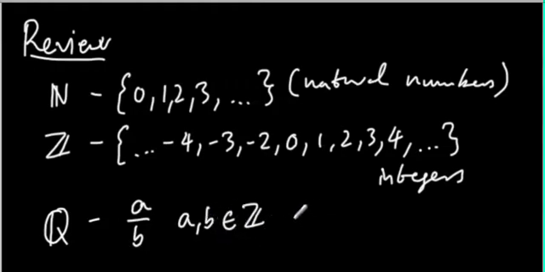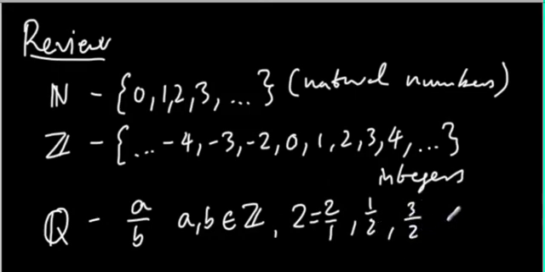Some examples would be the number 2, or any integer for that matter, because 2 can really be described as 2 over 1. Other examples are half, 3 over 2, basically anything that can be put into a fraction where both the numerator and denominator are integers.